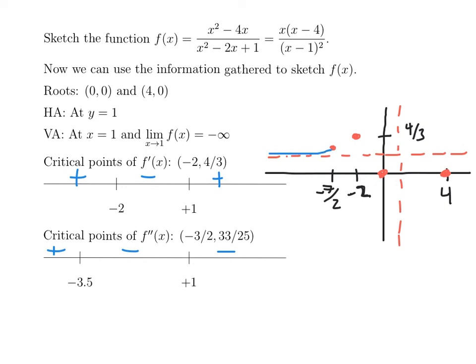Between minus 7 halves and negative 2, we're still increasing, but we've switched concavity. And then we begin decreasing, staying concave down. For values of x bigger than 1, we've got to come off of this vertical asymptote, be increasing, and be concave down.